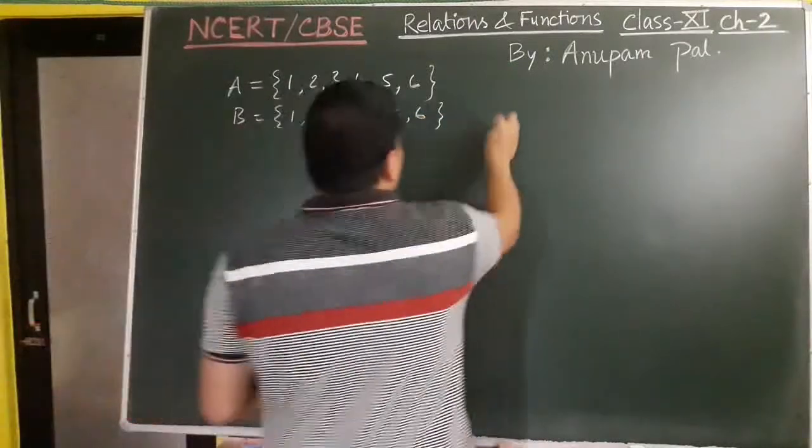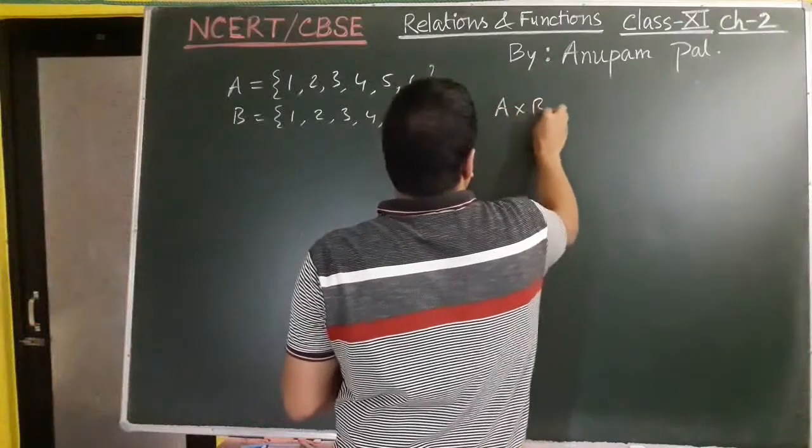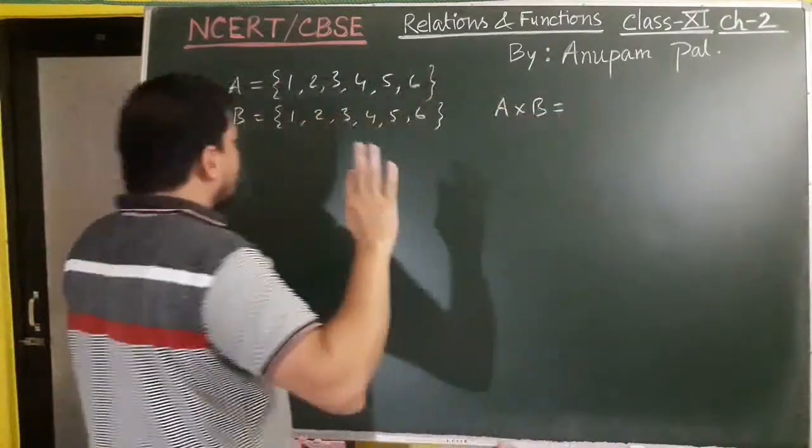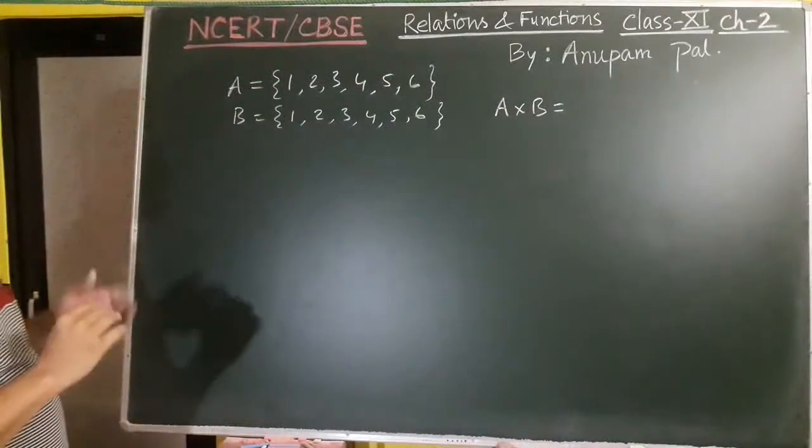So now what will be A cross B? A cross B will have a total of 36 elements.